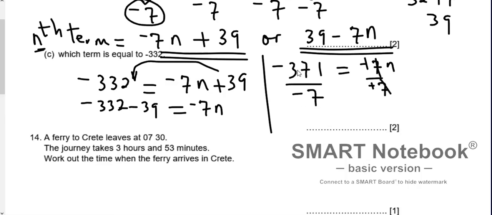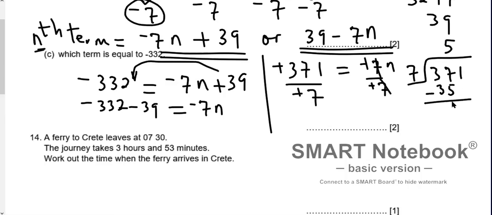This will cancel. And then you check if these two numbers are divisible. Okay, 371 divided by 7. By 5, this will be 35, minus here. This will be 21. 21 divided by 7, that is 3.